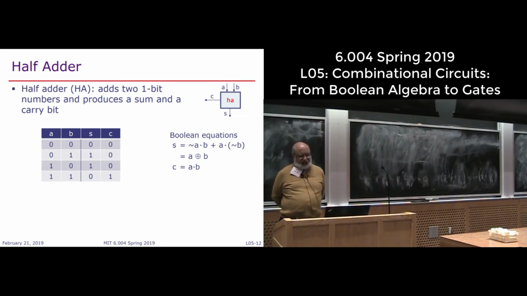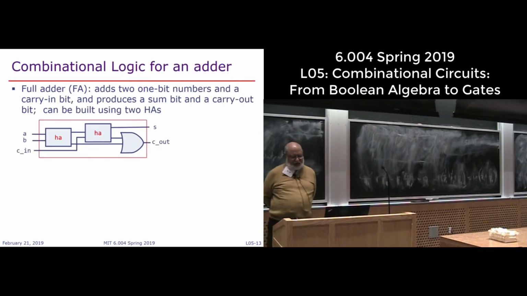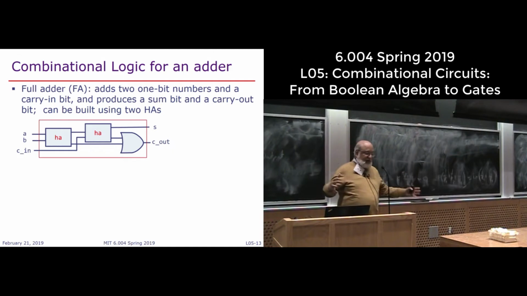So this is the definition of it. All right, and I just wrote it down, copied from left to right. I can immediately derive the Boolean expressions corresponding to this truth table. So this is my definition of half adder. Very good.